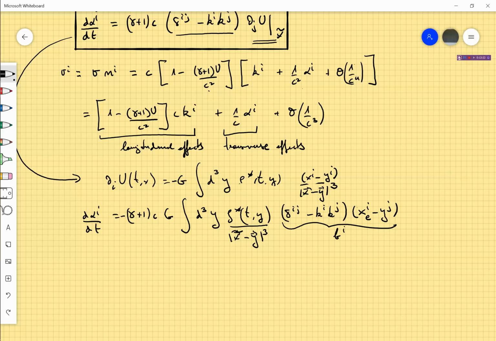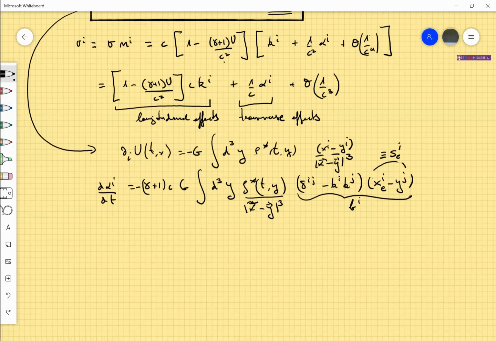Another notation that we are going to use, just because this term appears many times, is S_E^i.